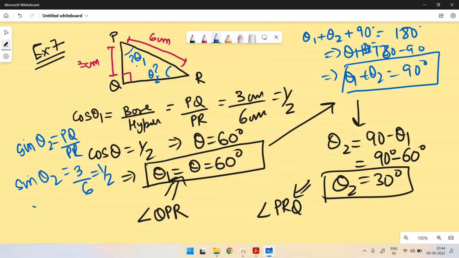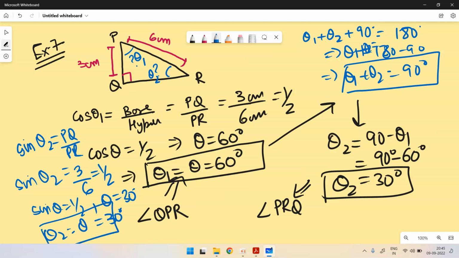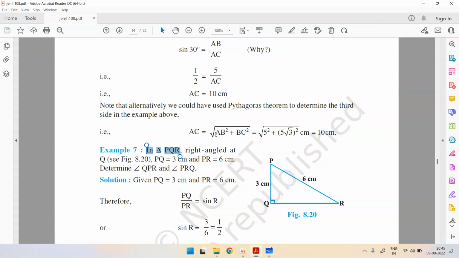So for sine theta to be half, theta is 30 degrees. So theta 2 equals 30 degrees, and angle PRQ is also 30 degrees. This is lengthy, so I directly solve it, that becomes easier for you.